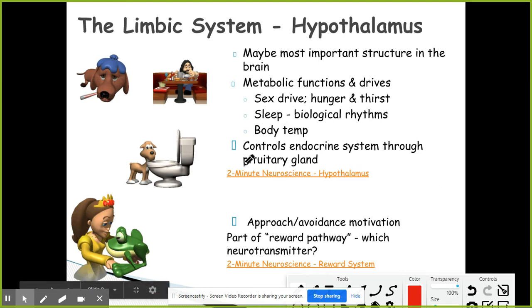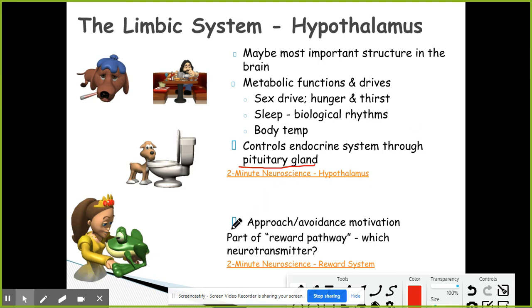So the hypothalamus controls the endocrine system, which is a system that uses hormones that we'll talk about later on, through the pituitary gland. The pituitary gland is the master gland, and it's controlled by the hypothalamus. It's what's called a feedback loop.